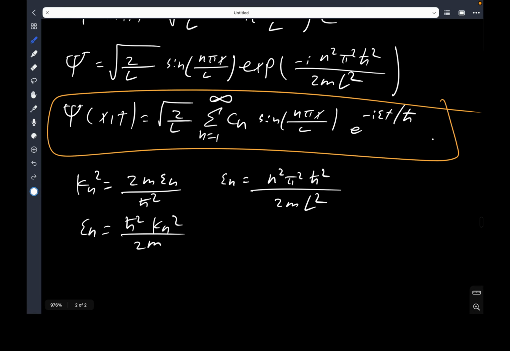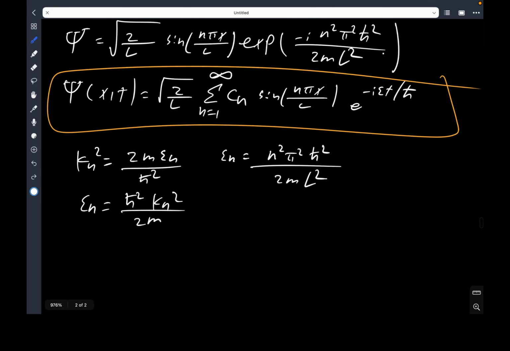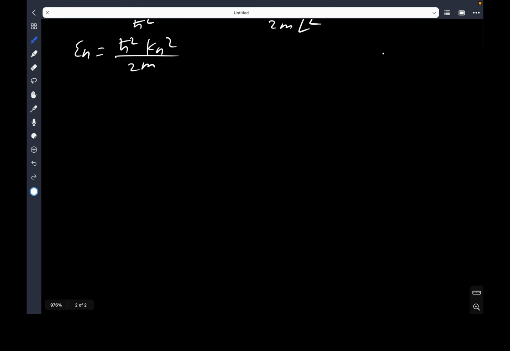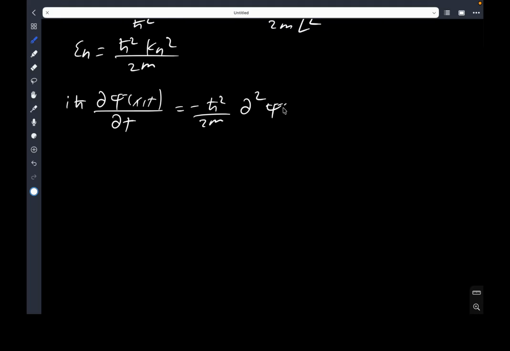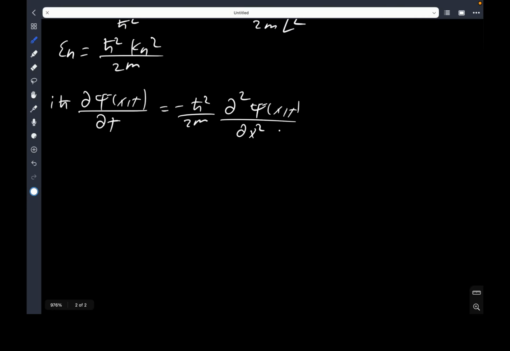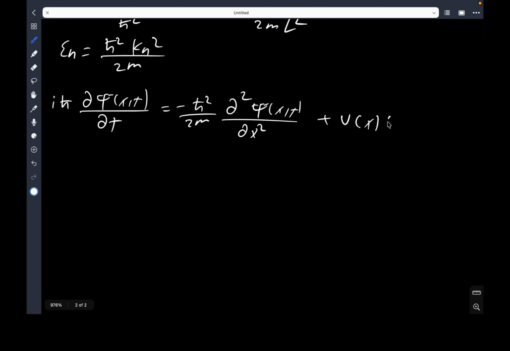And if you plug in this equation and take the partial derivatives, it would satisfy our initial equation, that was i h bar partial psi of x,t over partial t is equal to negative h bar squared over 2m partial squared psi of x,t over partial x squared plus V of x psi of x,t.